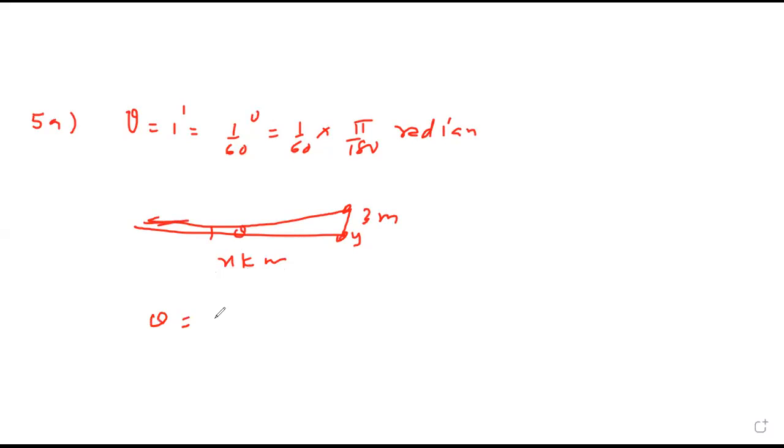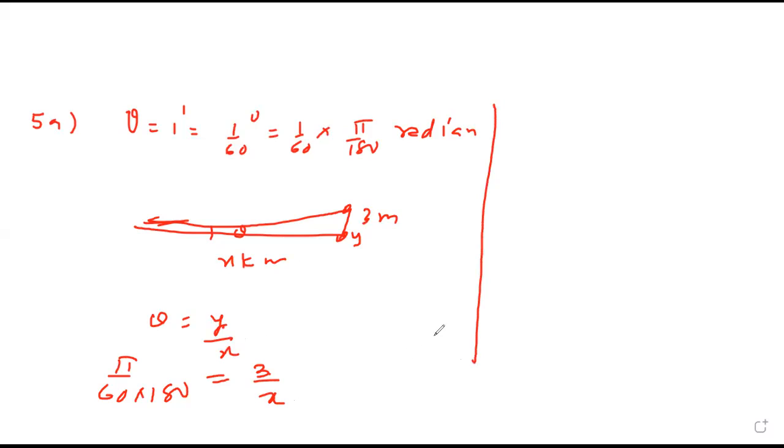So theta is y upon x, that is pi upon 60 into 180 radian equal to y, 3 meter, upon x. Now this will come in meter because I have not converted. So y is in meter, this will also come in meter. The answer we want in kilometer. Therefore x is 60 into 180 into 3 upon pi in meter.